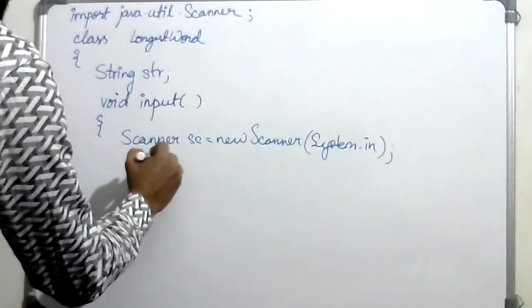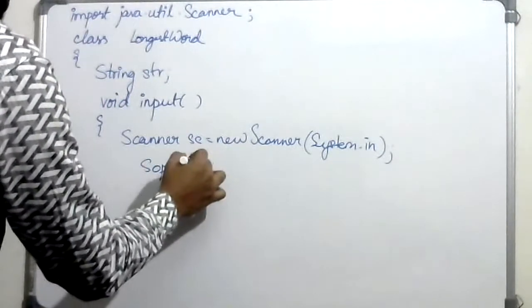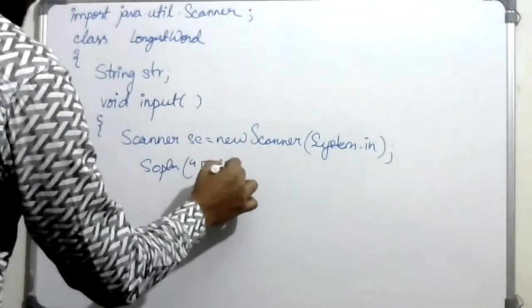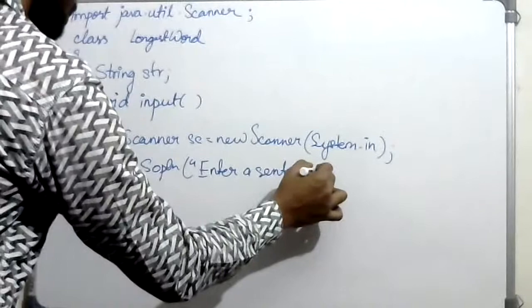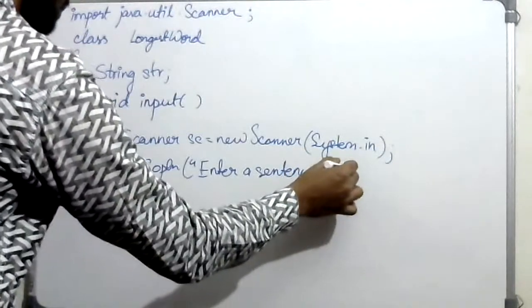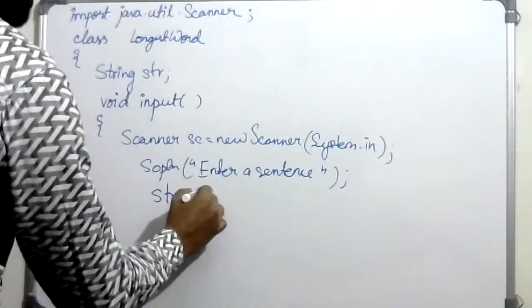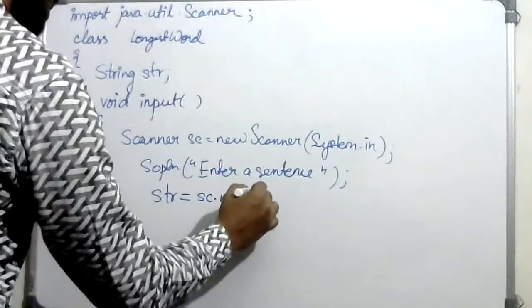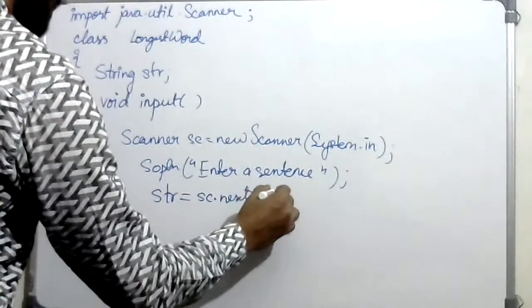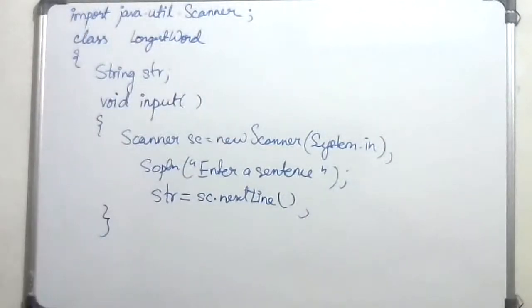So SOPLN, I'll just ask the user to enter a sentence. And str, which is the string variable, is equal to sc dot next line. So take inputs as usual, that's the input function.